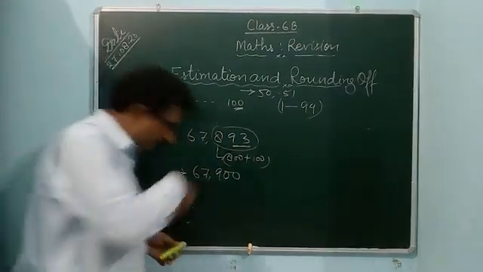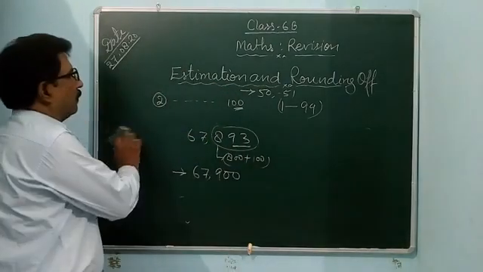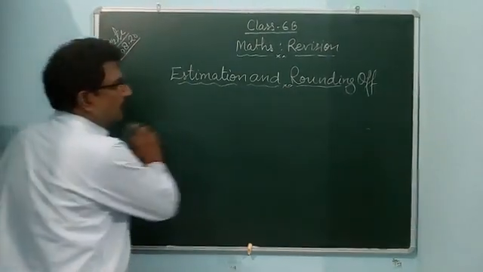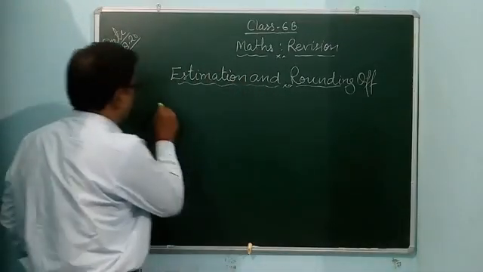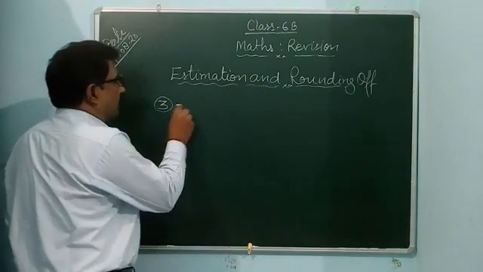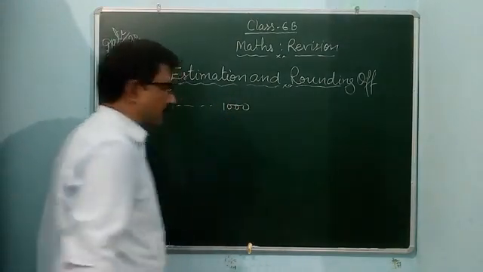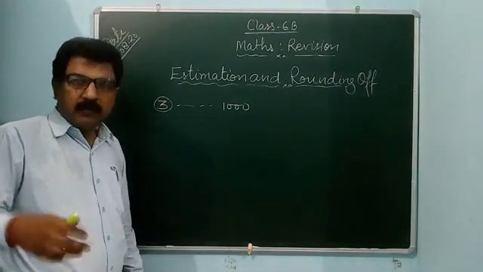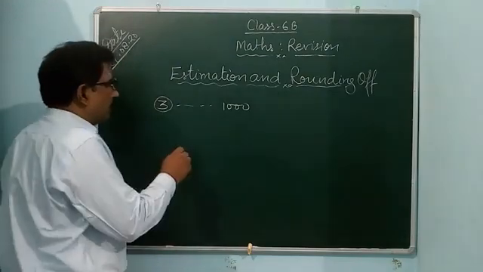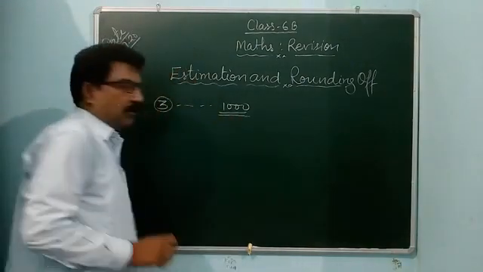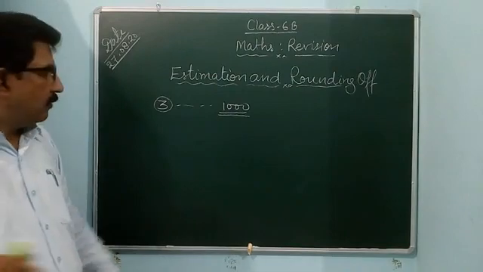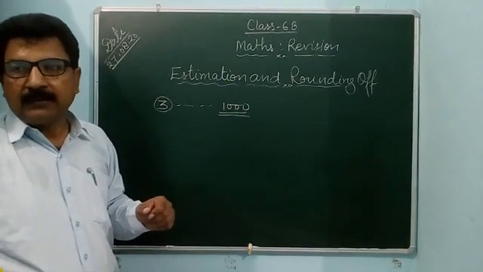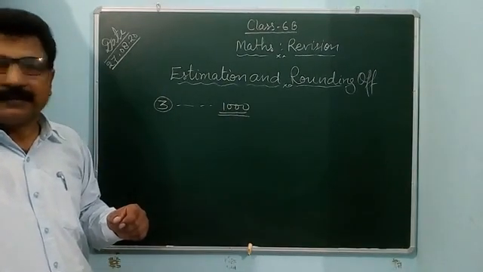Now, for 1000, see. Estimation of 1000. How can you estimate 1000? If the number is given as less than 4 digits, 1, 2, 3, the maximum will be 999.